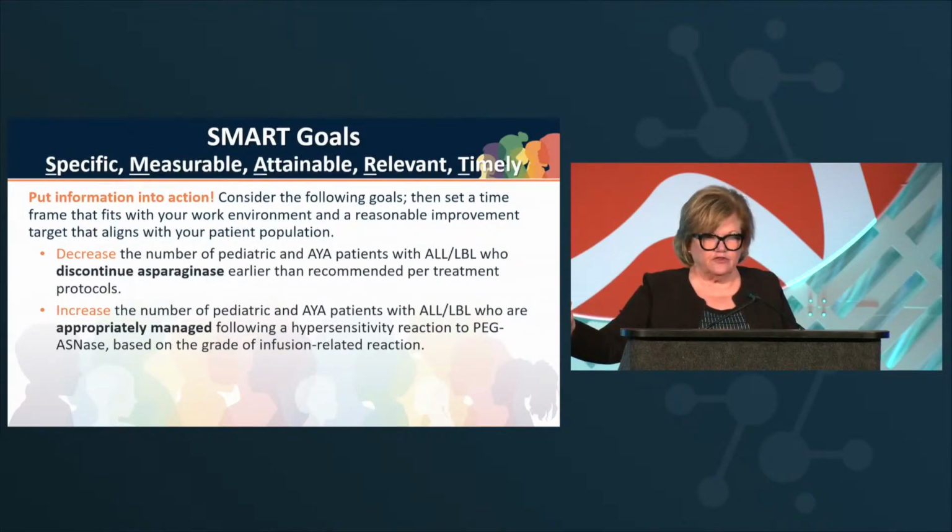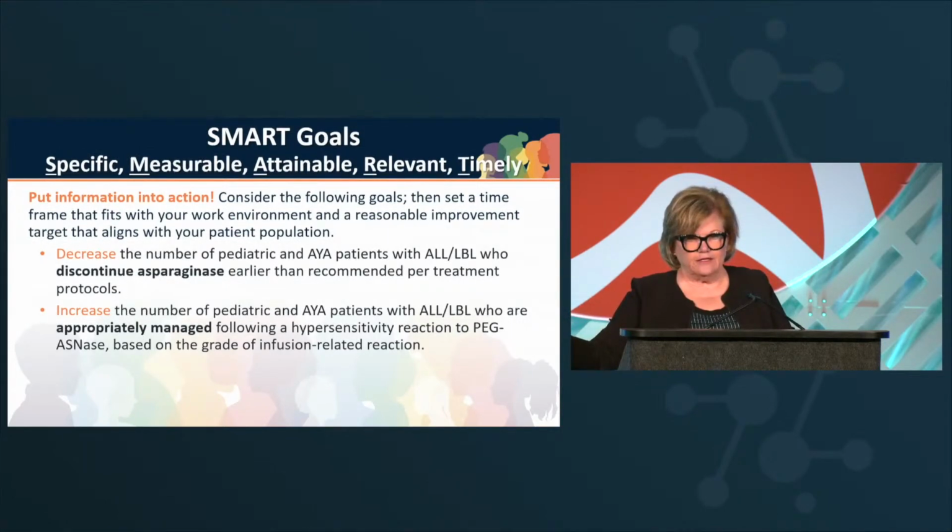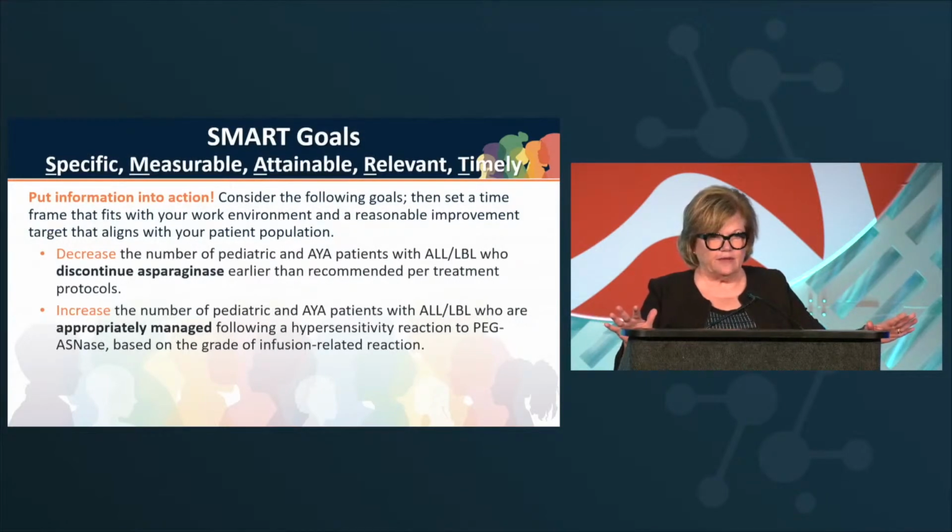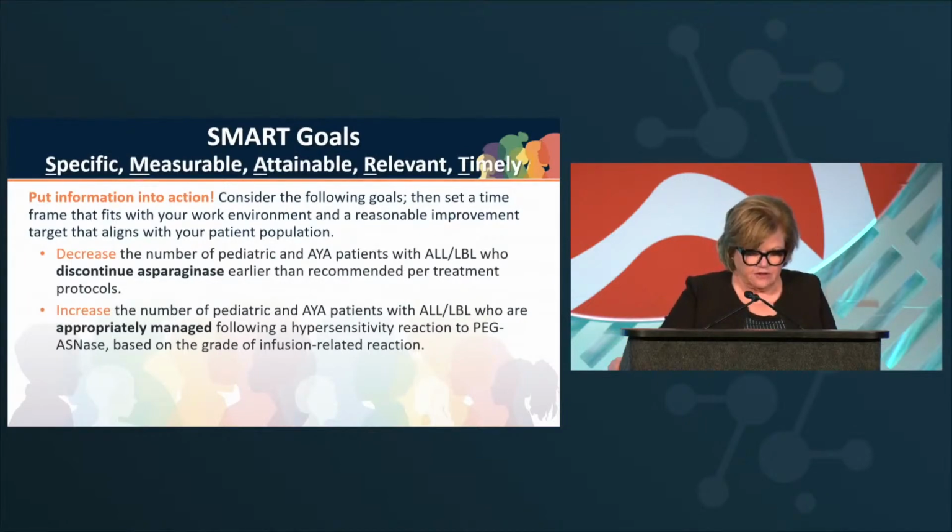If you look at the risk of these sequelae related to the drug versus the risk of relapse, we know that we need to move forward with the drug. So we need to assure that our patients get the prescribed doses of asparaginase, and we need to increase the number of patients who are appropriately managed following a hypersensitivity reaction to PEG based on the grade of infusion-related reaction.